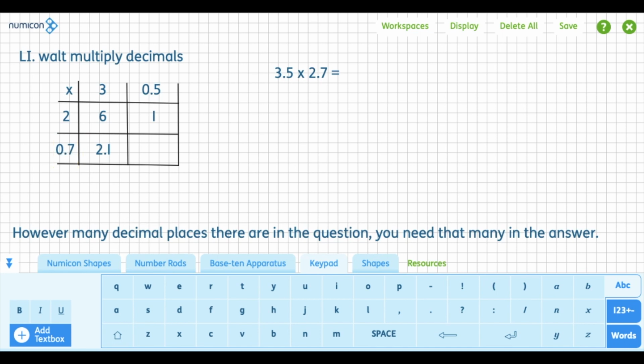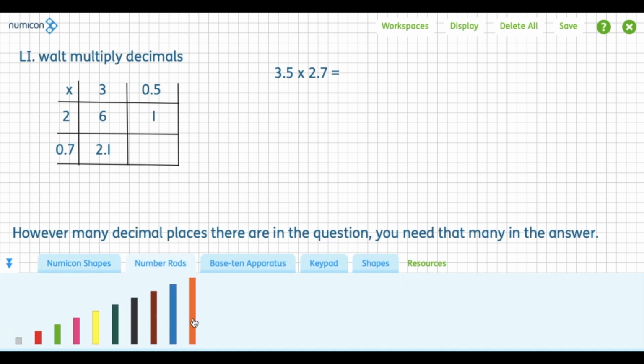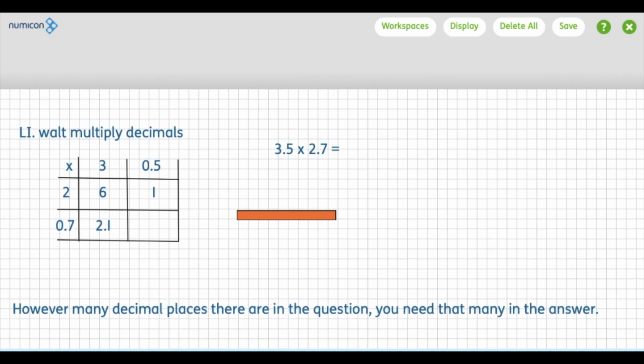So if we're thinking about, let's just get a Numicon rod out here. Let's say that this is a whole, okay, and we've split up our whole into 10. If we're thinking about our 7/10, so 1, 2, 3, 4, 5, 6, 7, this is what we're already speaking about, and we're going to multiply that by a half.